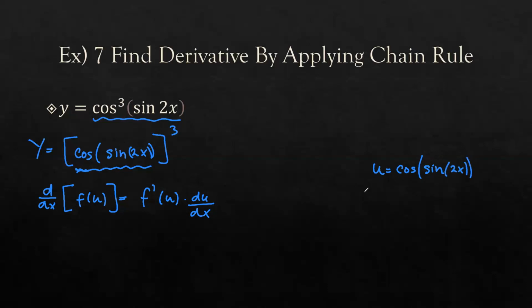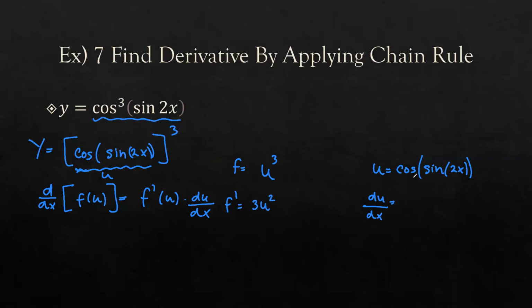So du dx is pretty much the derivative of this. How do you find du dx? You apply the chain rule literally twice. And then what would be my f? Since we're doing u substitution, my f is u to the 3rd. And then f prime is pretty simple: it's just 3u squared, because we just apply the power rule.